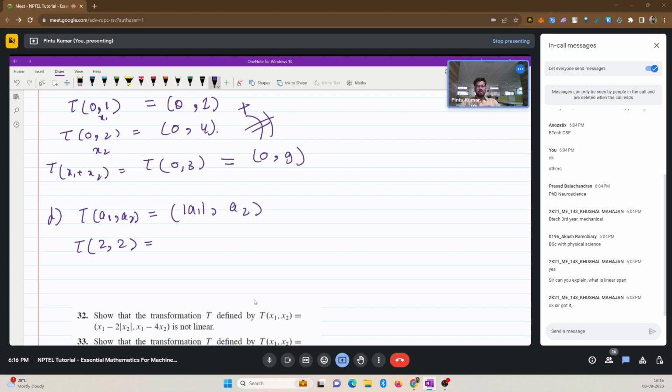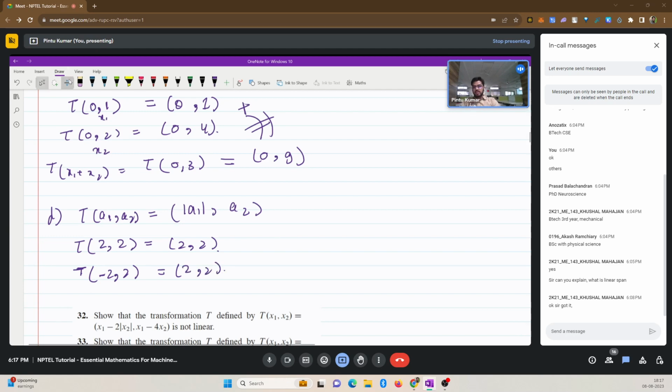What would be its map? It would be mod of a1, that is 2, and again 2. Let's try to do this some other way. Let's take T of (minus 2, 2). What would be the map? The map would be (2, 2), right?